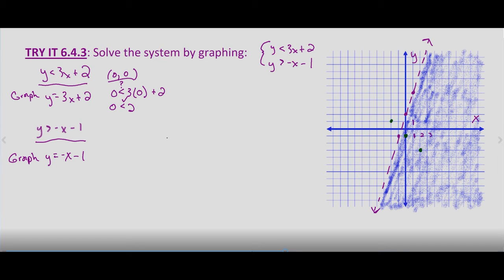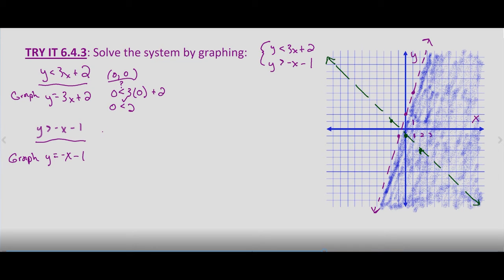And then again, we will connect the dots to draw our line, remembering that it's a dashed line. And the reason for that is because it's a non-inclusive inequality. No equal sign is included. So there is our line for our second inequality, y is greater than negative x minus 1. And now we go ahead and test another point.